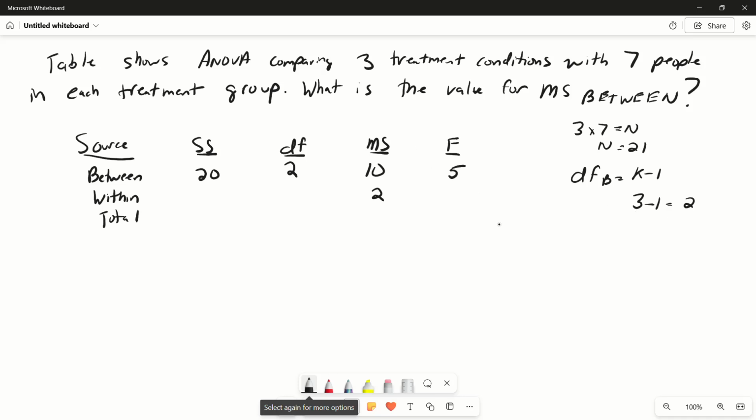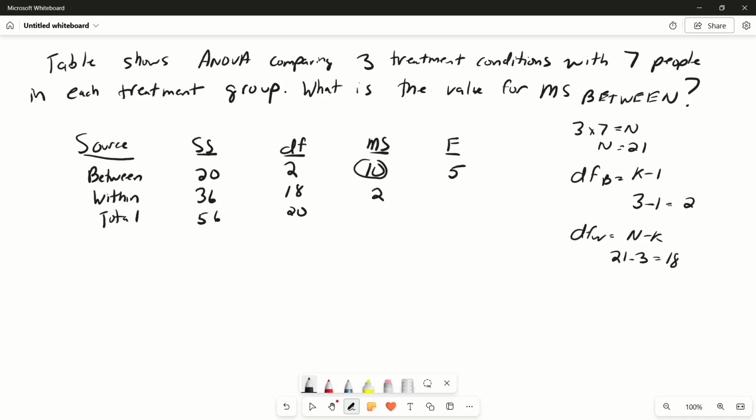And degrees of freedom within is going to be N minus K, N being 21, K being 3. That gives me 18. And obviously, total degrees of freedom is 20. And then 2 times 18 gives me 36 for my within groups. And the total is 56. And my ANOVA summary table is done, and the mean squares between is obviously 10.